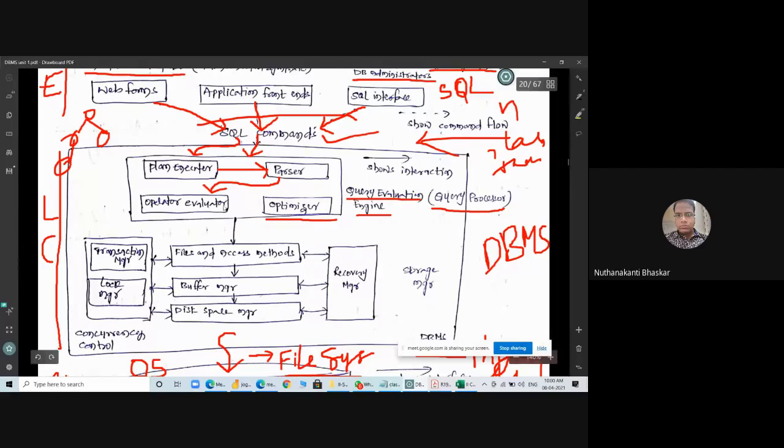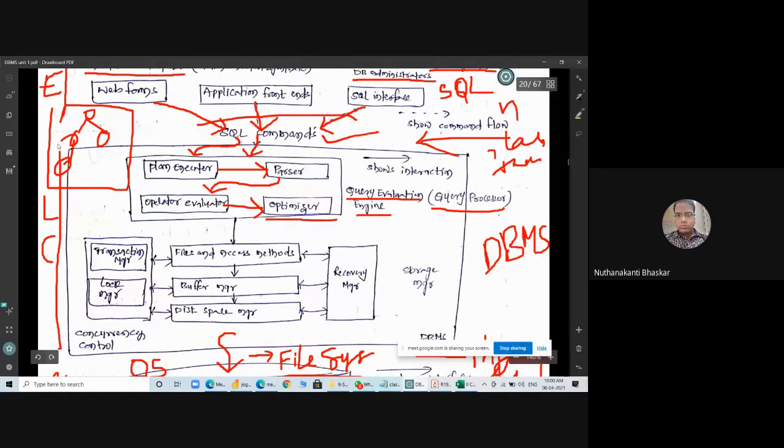Later, based on this operator evaluation, the optimizer will check. That is called the optimization tree. Optimization means finding the best feasible way to solve this particular problem.